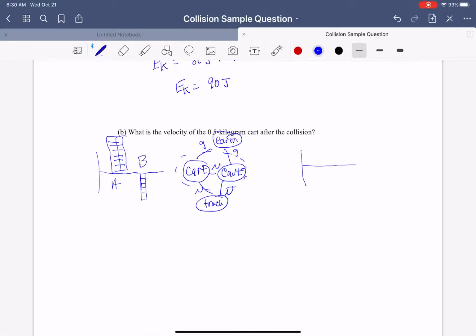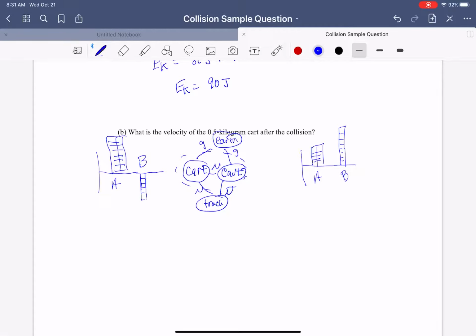So we can see before we even do any math that cart A is going to be moving slower, so it's going to have a smaller height. And in order for those mass velocity blocks to be conserved, we must have a much higher velocity for B because it has a smaller mass.